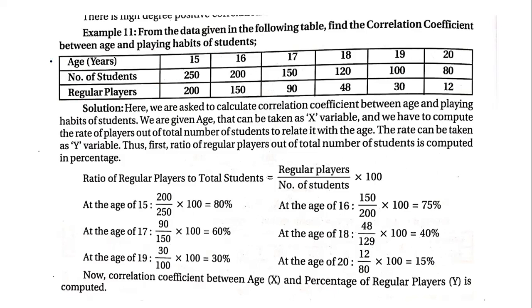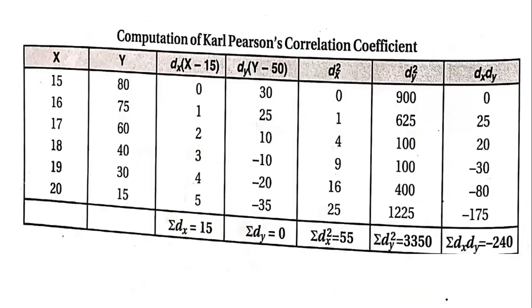So we had considered age as X. Now we have already found out these percentages and these values will be Y. The percentage of these regular players will be Y. Now let us put everything into the table with the heading computation of Karl Pearson's correlation coefficient.